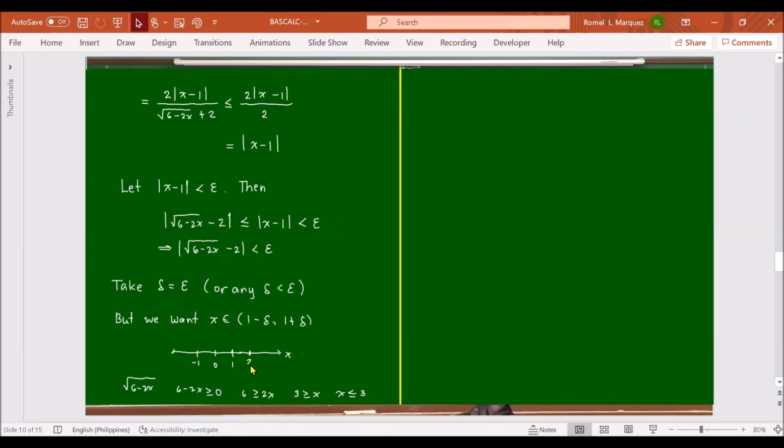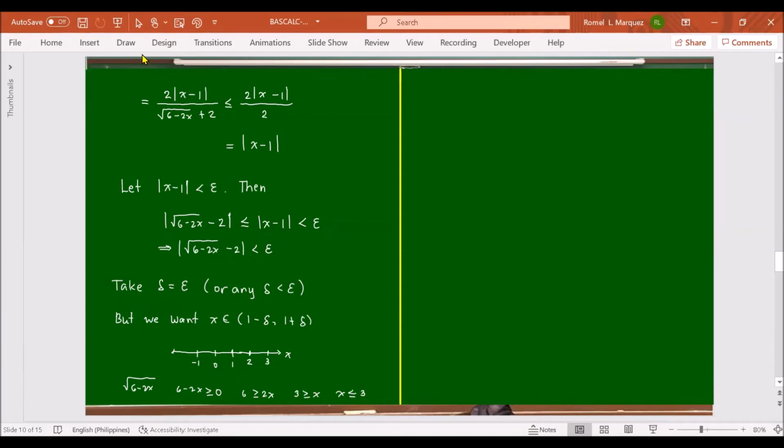So this is 2, this is 3. Meaning, we can have our delta from the center up to a maximum of what? At most 2. Because if I add 2 to 1, I will get 3.